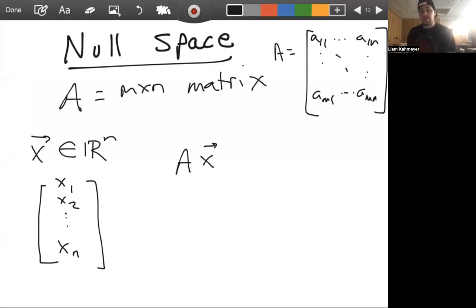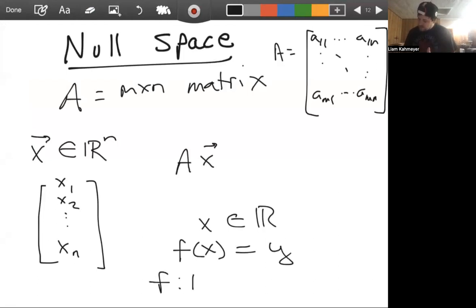Well, when we take the product A times X, you can think about this as you're using A as a function, right? If you have like X in R, and if you apply a function F to X and the output is some Y, what F is then doing is F is a function that took in a real number and spit out a real number, right?